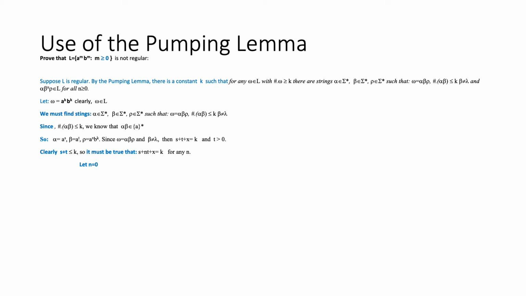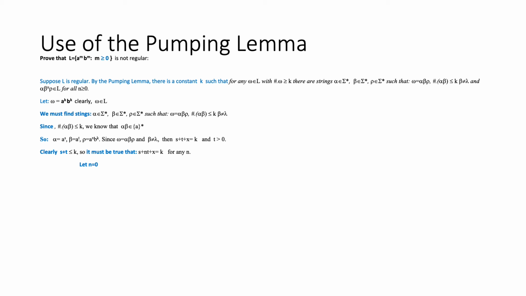So I'm going to choose n equals 0. Oh, before that, notice that if the length of alpha, beta is less than or equal to k, and I know that omega has k A's followed by k B's, then that prefix may only contain A's.